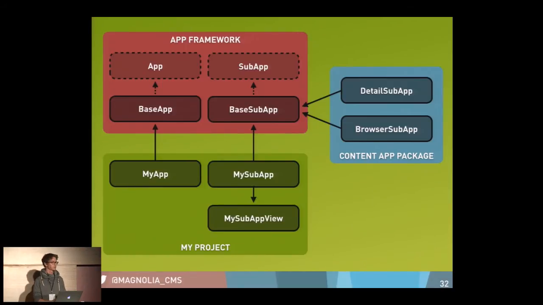So all you need to do is extend the right classes depending on the scope of your project. You have the so-called base classes, which give you the very minimal you need to get started. This is where you hook in for a simple Hello World app, for example, and from there on you're free to develop whatever you want inside your app.